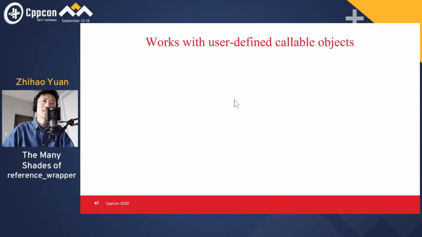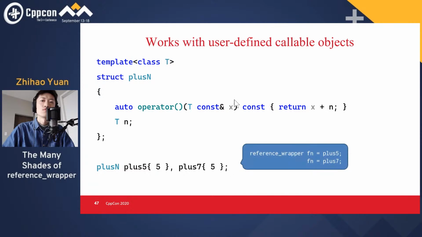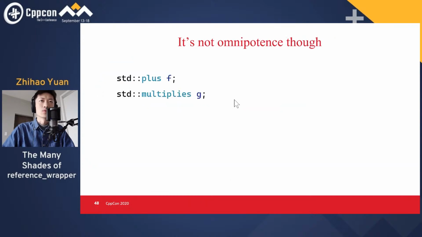But it does work well with user-defined callable objects. So if you have two callable objects of the same type, you can switch between them using reference wrapper just fine. But this does not mean, however, reference wrapper can do everything.